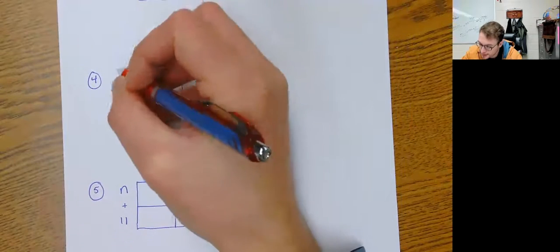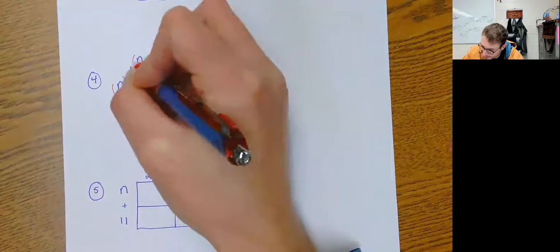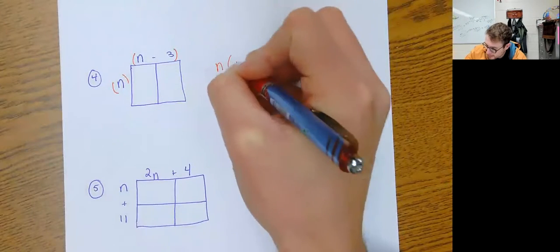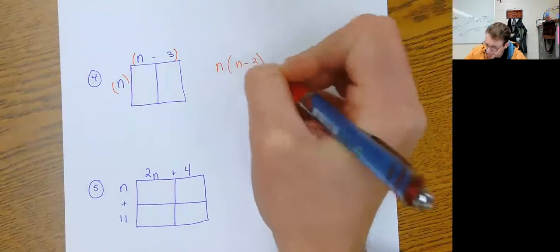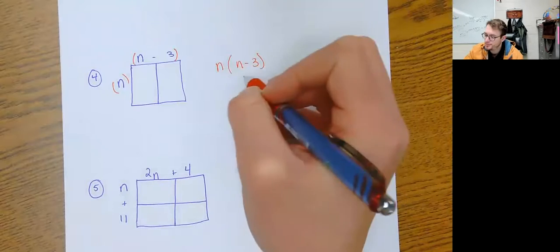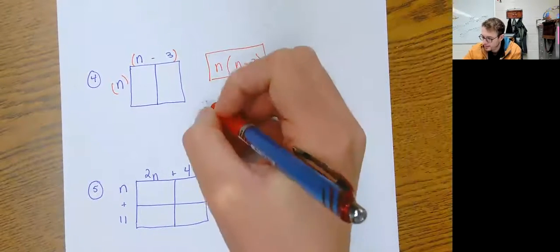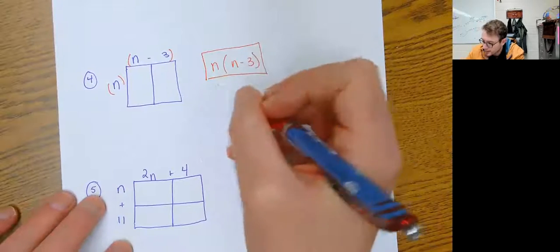All right, this one. So we're going to take this whole thing, and we're going to multiply it by this whole thing, and we would get n times n minus 3. I like it. That's the way this should be written. So, an expression. So again, we got a product.